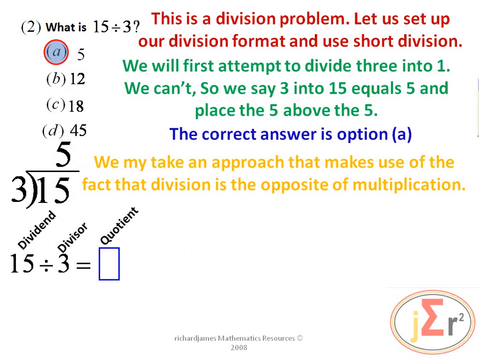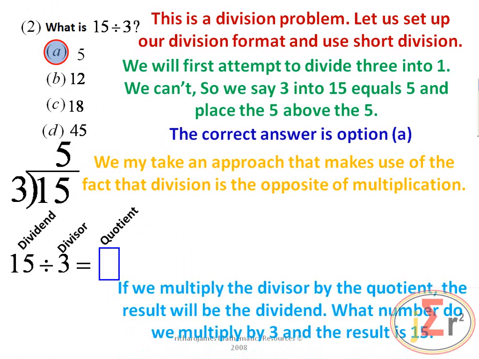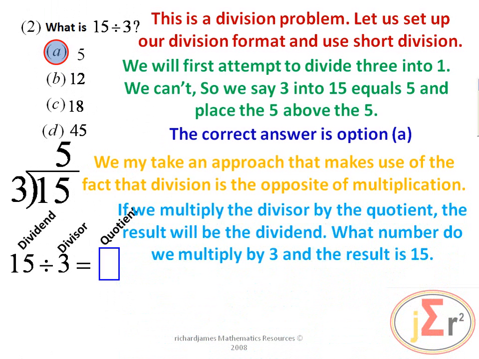So there we have the dividend, we have the divisor, and the answer is called the quotient. If we multiply the divisor by the quotient, the result will be the dividend.